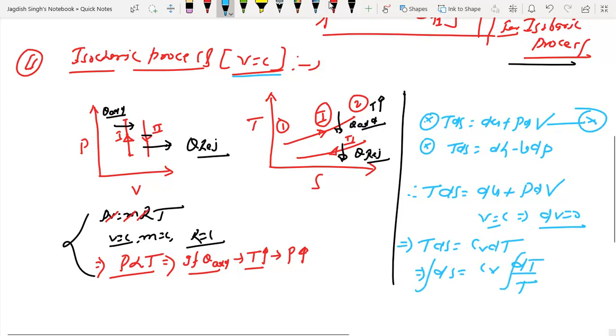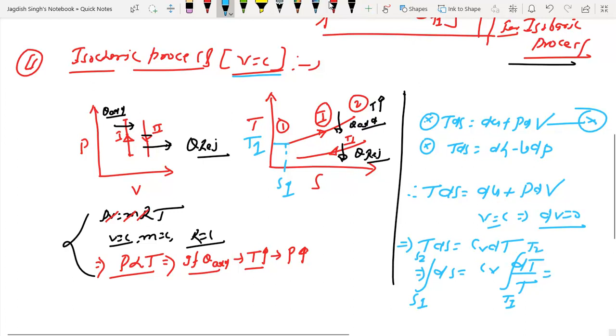Simply we have to integrate. Let us suppose for this process, when entropy is S1, the temperature is T1. When entropy is S2, temperature is T2.